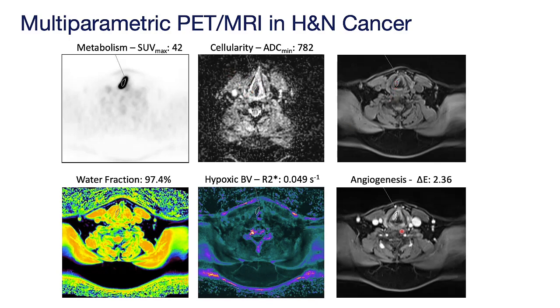The change in contrast enhancement after an injection of contrast material tells us about angiogenesis. The water fraction from the attenuation correction image of the PET MRI can tell us about how much water is in a tumour. And then there's a fifth measurement that I haven't described in any detail, which is the so-called R2 star, which is an indication of how much hypoxic blood there is within the tumour.